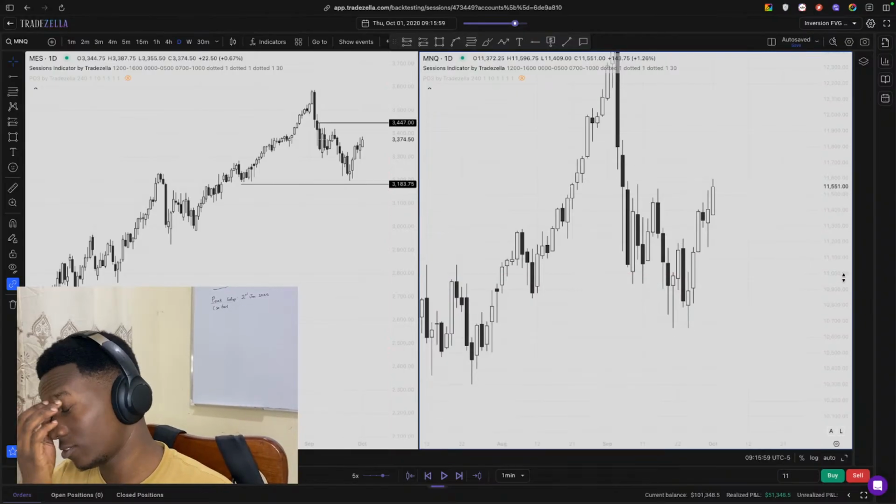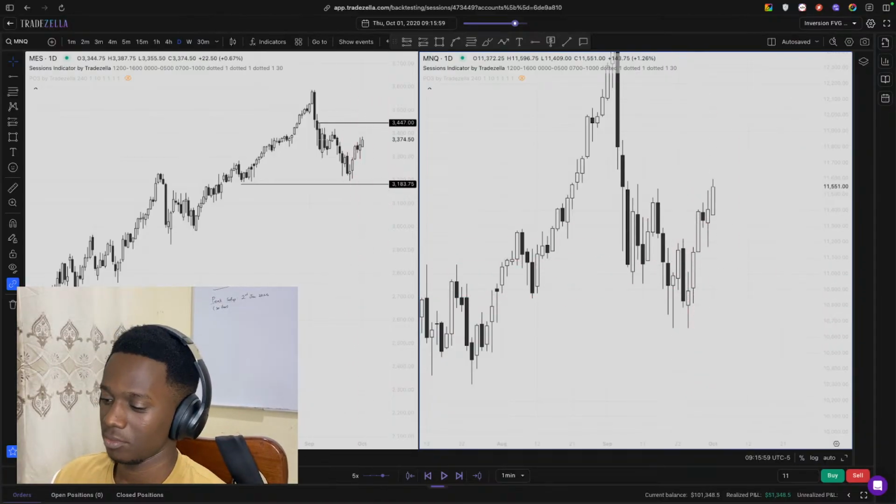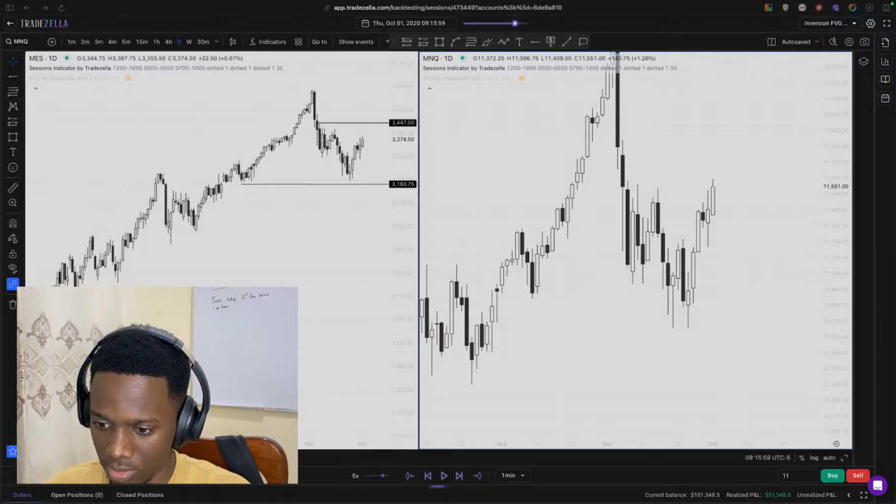We got nerfed in these ranges, then later we found some long entries.